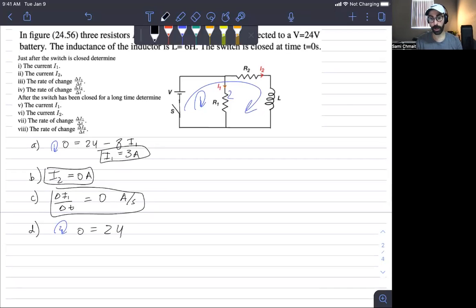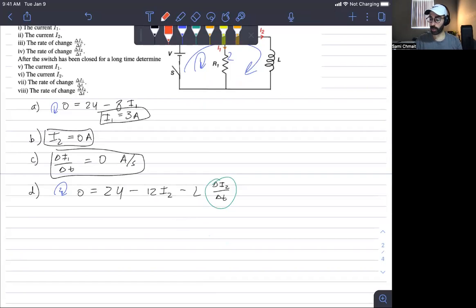We hit the resistance R2 resistor first, so minus 12 I2, and then when you go through an inductor, it's minus L times delta I2 divided by delta t. This is the variable of interest we're solving for.